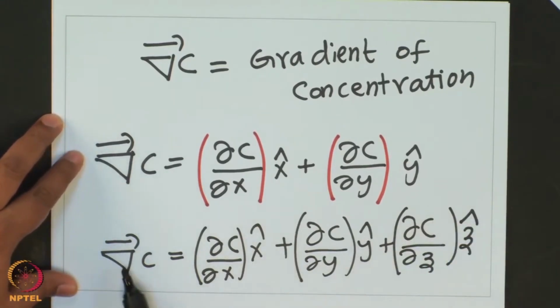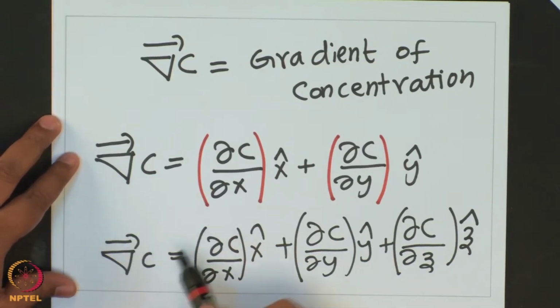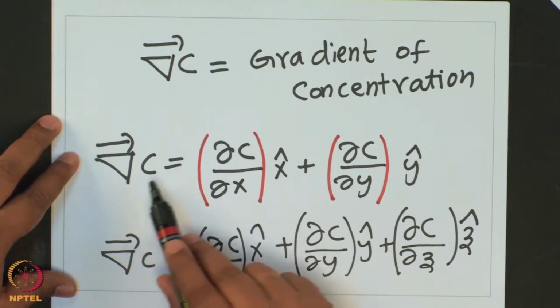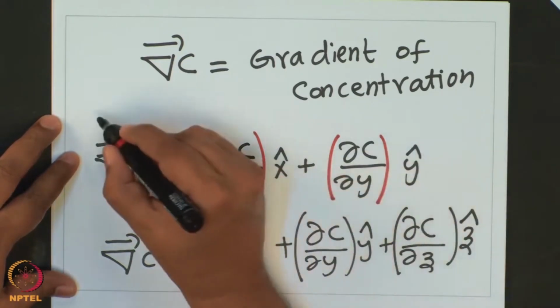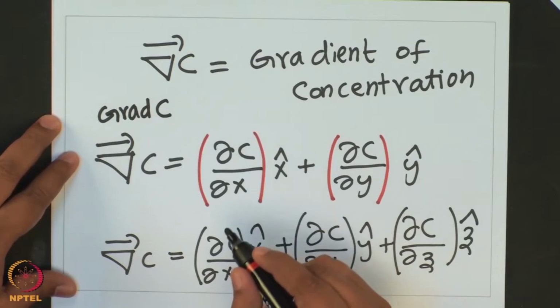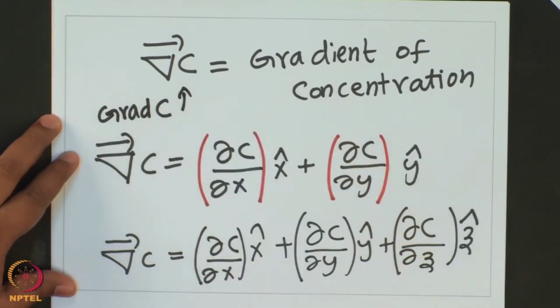So this symbol means gradient. It is also written as grad, gradient. So gradient of concentration, grad C. This can also be written as grad C. This also has a meaning, grad C.